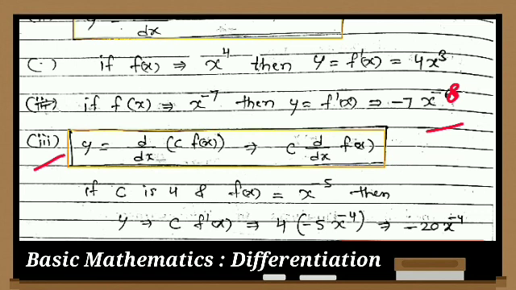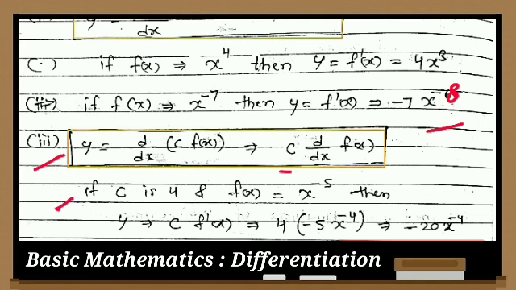Okay. Now let's move to the third formula. The third formula is y equals d upon dx of c f(x). Here c is the constant, so the constant c comes out: c d upon dx f(x). So this is the third formula. Let's take an example.